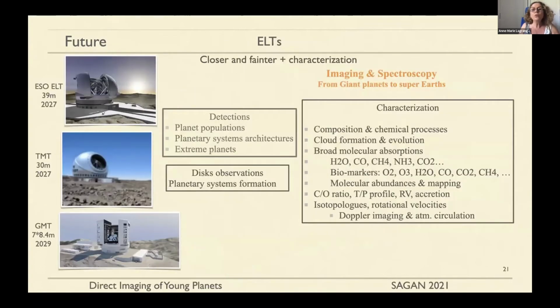I will finish now with the next step, which will be, of course, the Extremely Large Telescope, which will be used to detect and to characterize planets. And in some cases, it will be very intimately mixed. The idea is to detect planets down to super Earth mass planets or Earth mass planets.